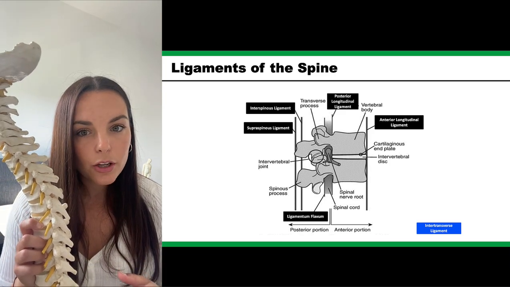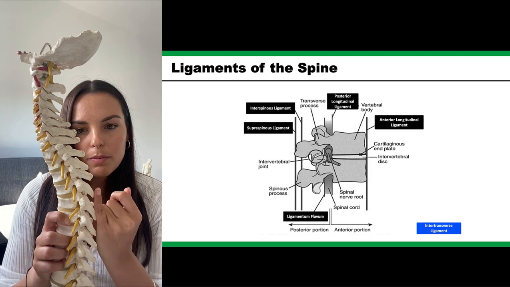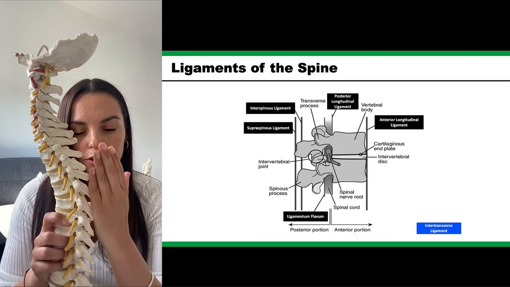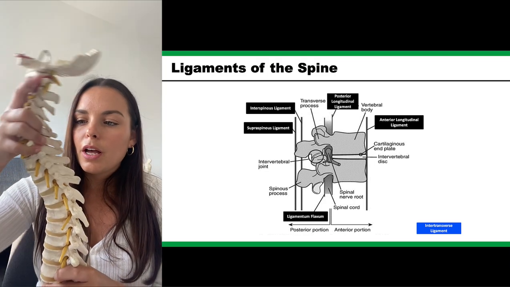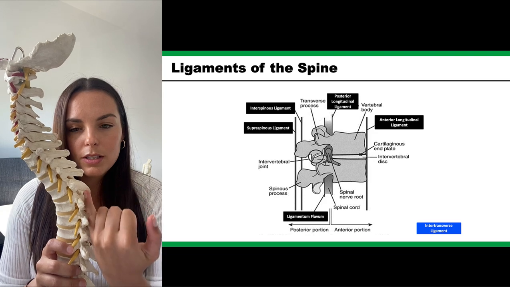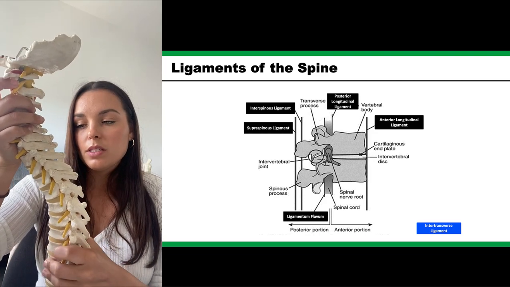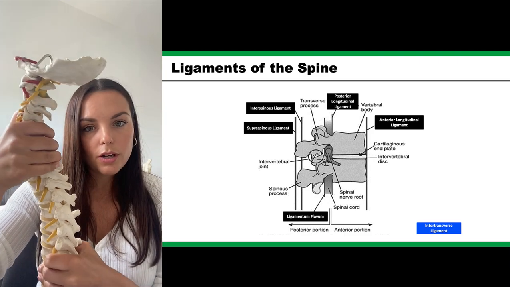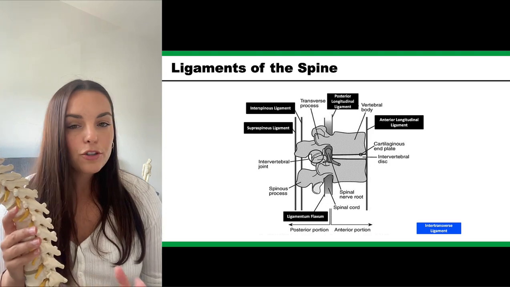And it might not be the one that you're thinking of. Most people are probably thinking of the supraspinous, right? Because that's the most posterior, so you think that's probably getting stretched the most. Well, actually, it is the interspinous ligament. So the interspinous ligament in between the spinous processes is bearing the greatest strain during flexion of the trunk. Then we have lateral flexion.